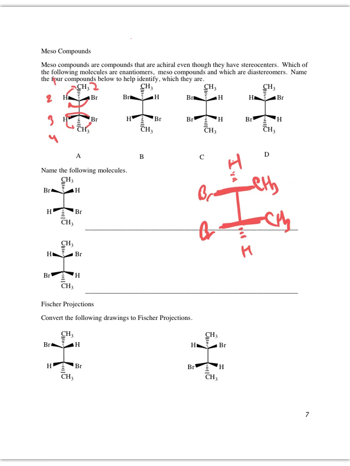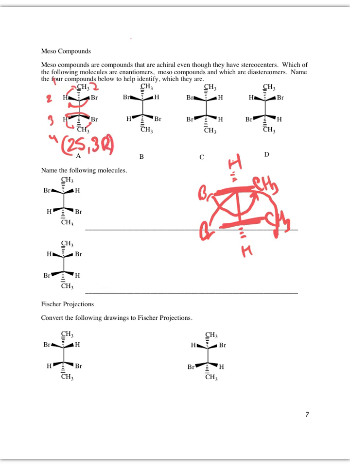So here is A, and it's going to be bromine, this crap on the bottom, the methyl. So carbon 2 is S. Carbon 3 is going to be bromine, this carbon up here, and then the methyl. So it's going to be 3R.